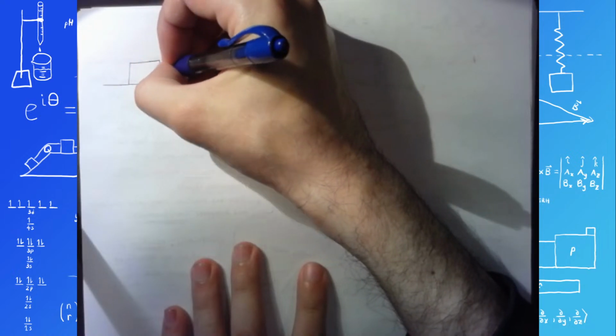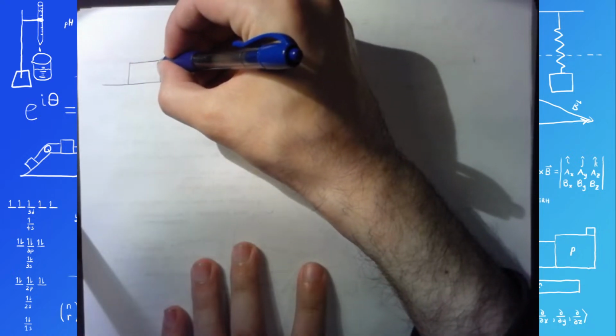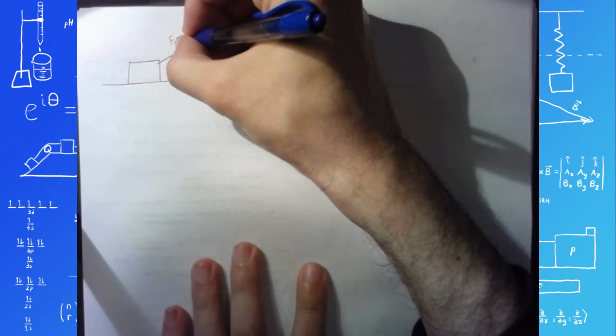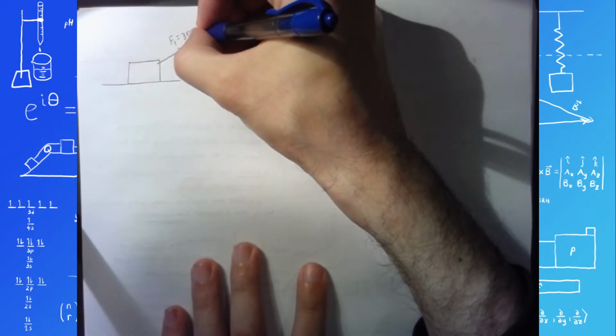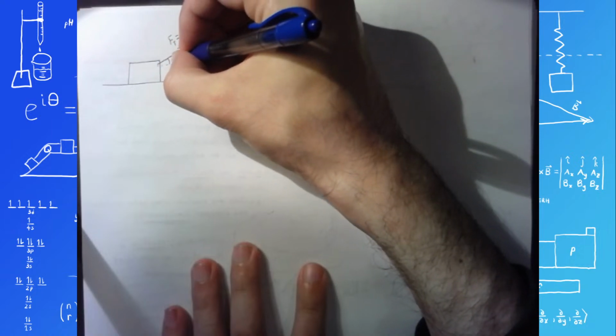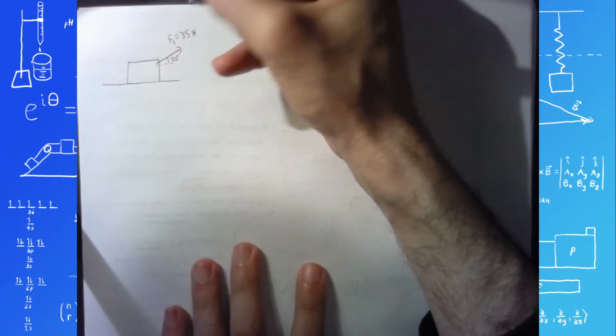We have our object. We've got a force of tension on it. Force of tension equals, it said 35 newtons at a 20-degree angle, 20 degrees.